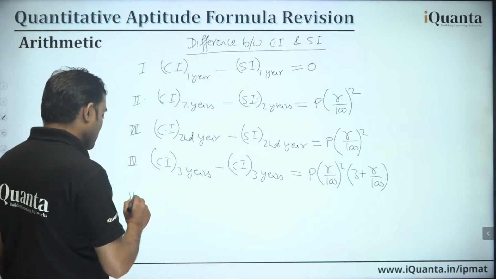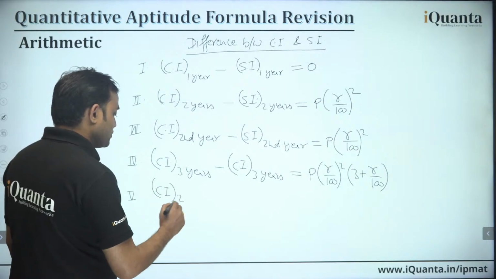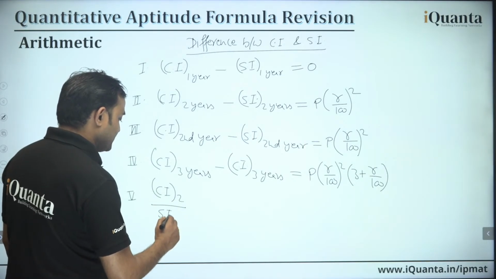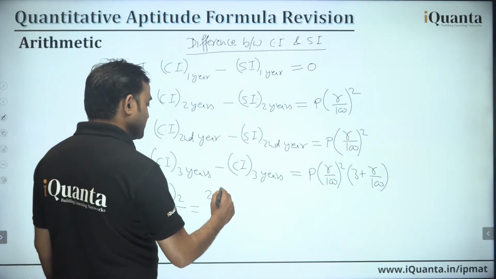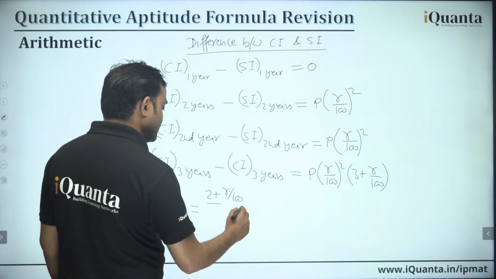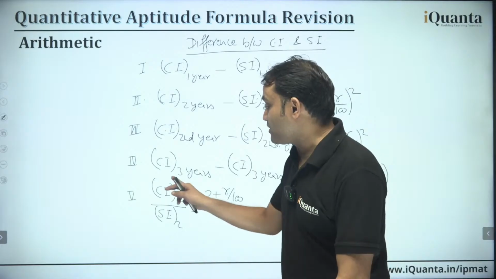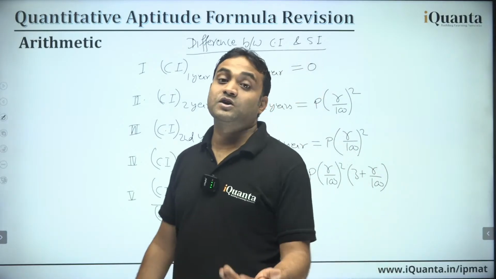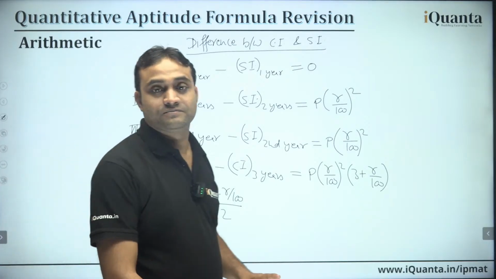Then one bonus concept, which is compound interest for 2 years upon simple interest for 2 years. This is equal to (2 plus R by 100) divided by 2. So if you have been given the ratio of compound interest and simple interest after 2 years, then you can find the rate of interest.